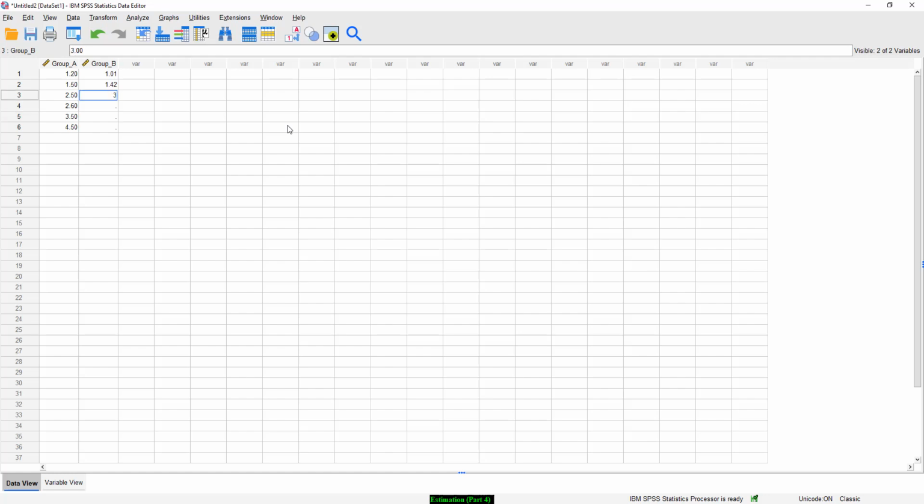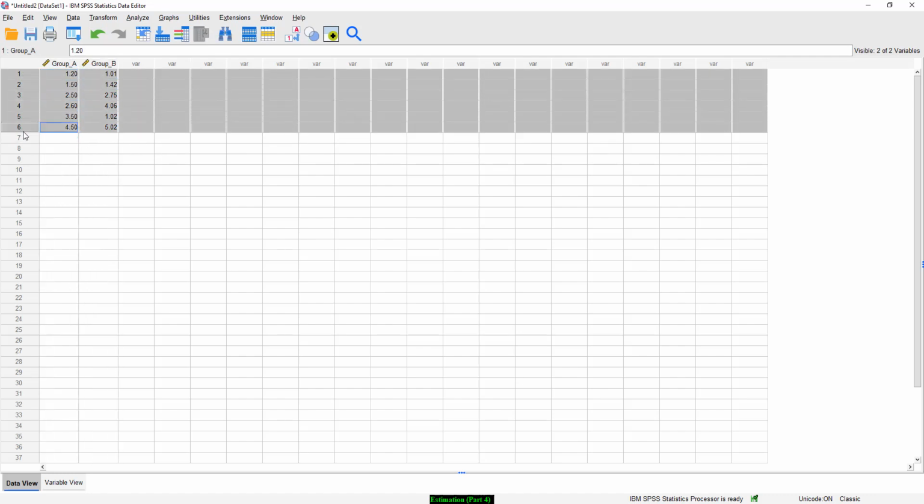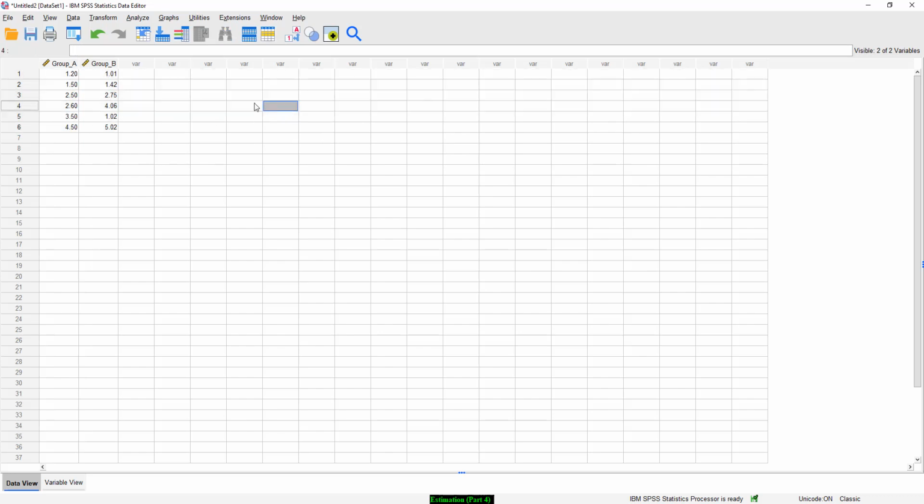Say this one should be 2.05. We have two columns, group A and group B, both with 6 observations.